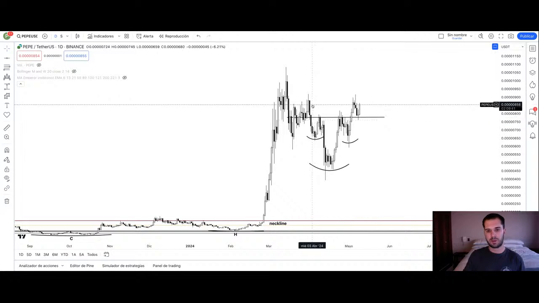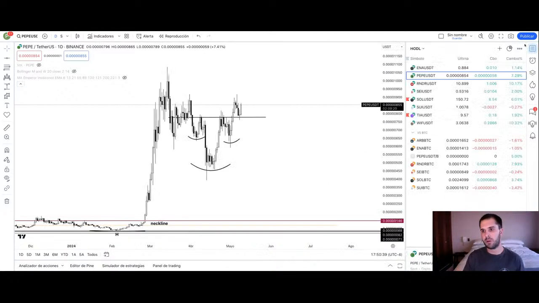It confirmed as resistance here once and twice, broke out above it, and now is possibly making another higher low. So you just know Pepe's going to rip. If Bitcoin's going to do its thing, you know Pepe's going to catch a bid. It's been really good price action.